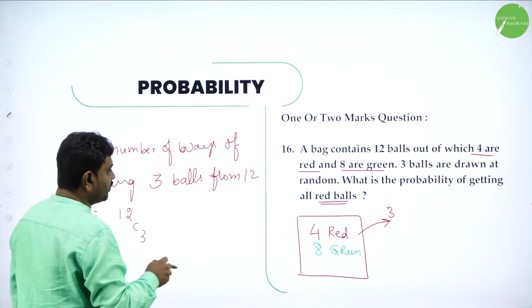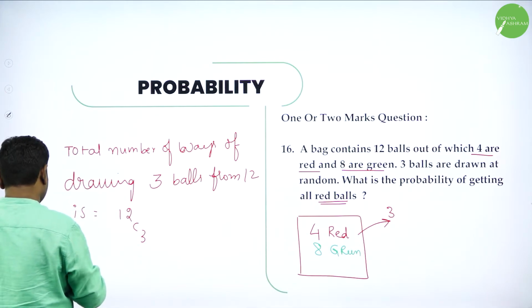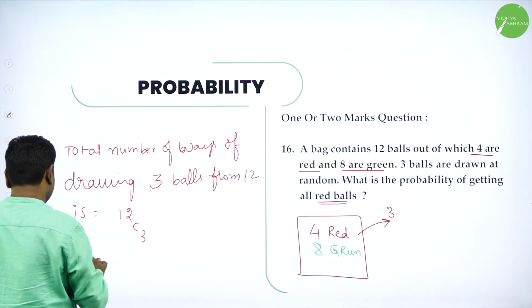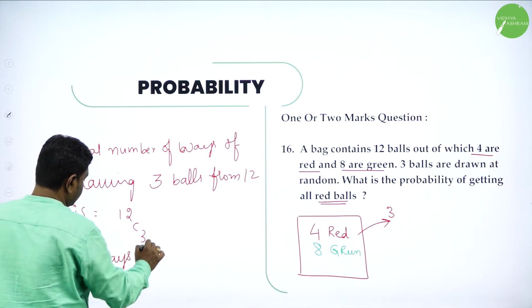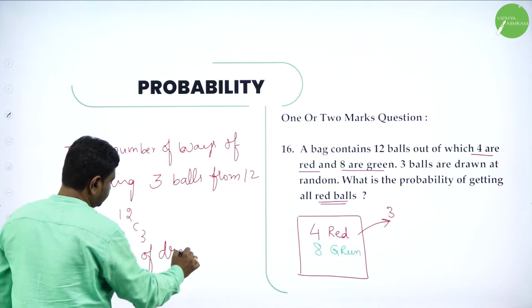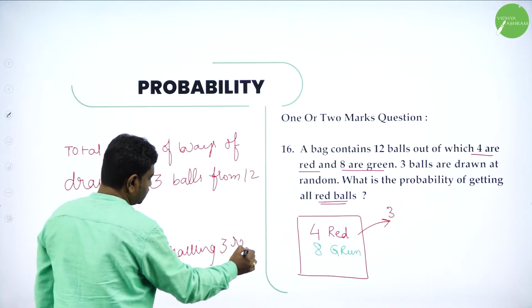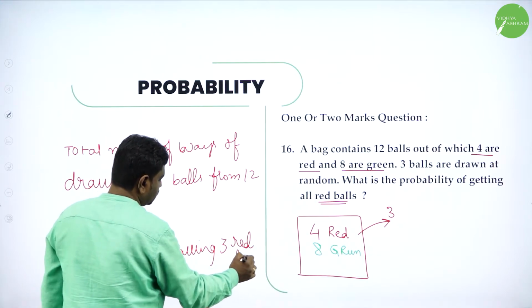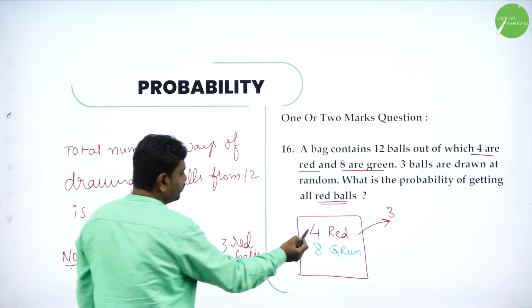And favorable: drawing all 3 red. So number of ways of drawing all 3 red balls. If you want 3 red balls, you have to select from these 4 balls.